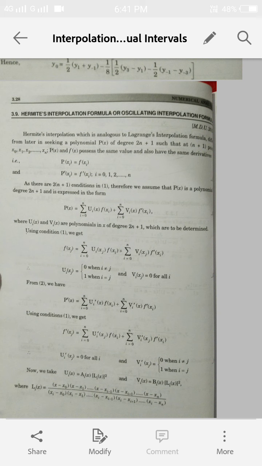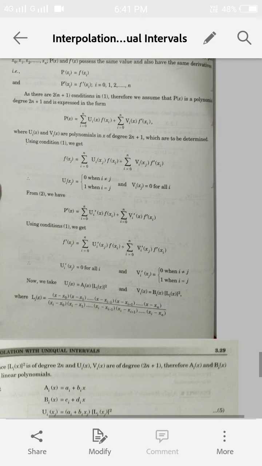If we apply these conditions, we can replace p(xi) with f(xi) and its derivative with f'(xi). Now using these equations, we find the values of ui and vi.